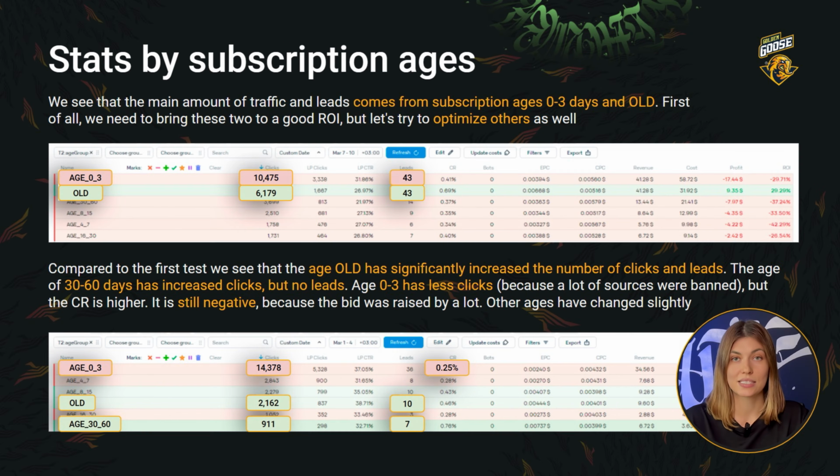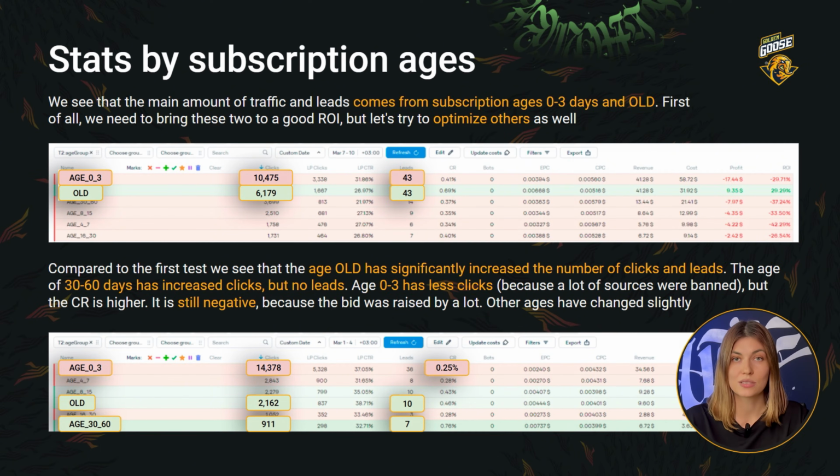You can see test number 2 stats by subscription age. We see that the main amount of traffic and leads comes from subscription age 0 to 3 days and old. First of all, we need to bring these 2 to a good ROI, but let's try to optimize others as well.